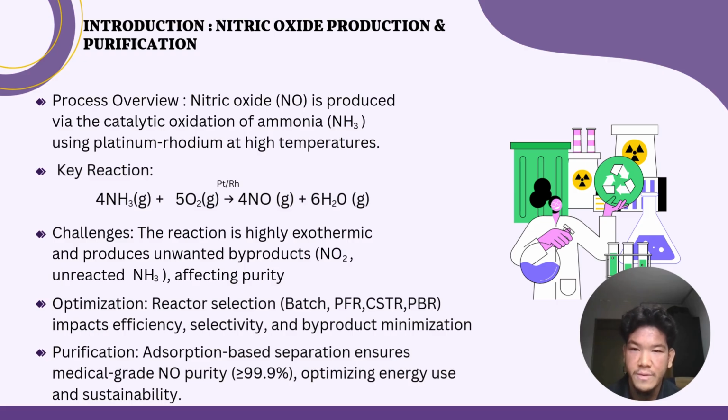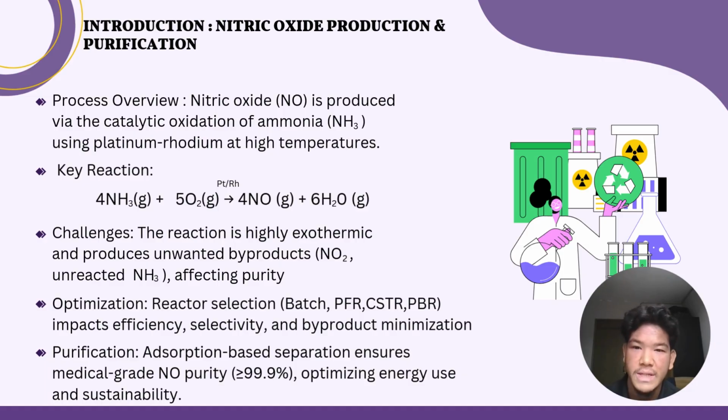So for the process overview, nitric oxide is produced through the catalytic oxidation of ammonia using a platinum-rhodium catalyst at high temperature. You can see the reaction: NH3 + 5O2 → 4NO + 6H2O. But there is a challenge: the reaction is highly exothermic and produces unwanted byproducts, which affect its purity. So there are two things that we have to focus on.